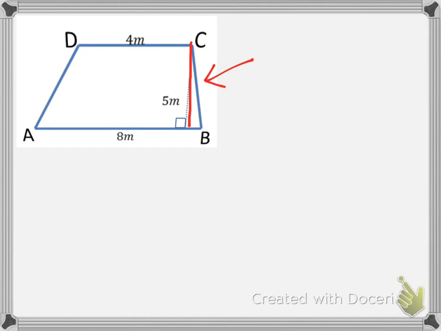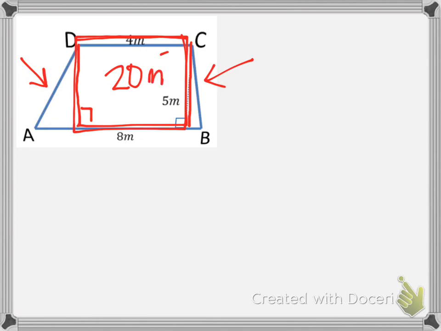And then I'm going to drop another height right here. That's also going to be a 90-degree angle. And I've got another triangle here. And look what's in the middle, a nice rectangle. Beautiful, right? I've got a 4 by 5 rectangle. 4 times 5, that's 20 square meters. That's nice. And then I have 2 triangles. And I know how to find the area of triangles.